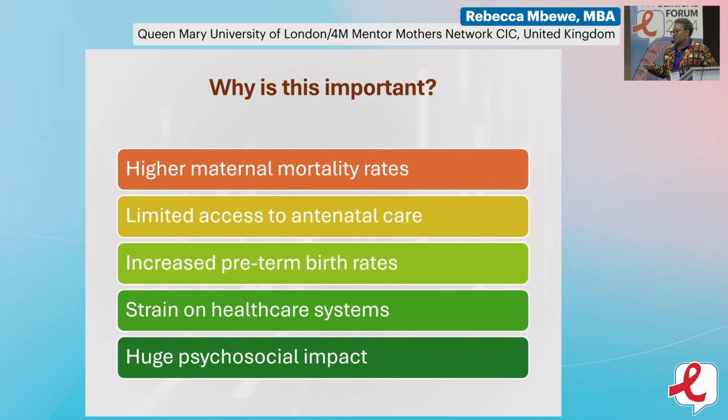It also causes a strain on healthcare systems, and I'd like to emphasize here that it's not necessarily people migrating to other countries. Sometimes migration is even within countries, and people are moving from rural areas to urban areas, and that still puts a burden on the healthcare system. And of course, it has huge psychological impact on these women.